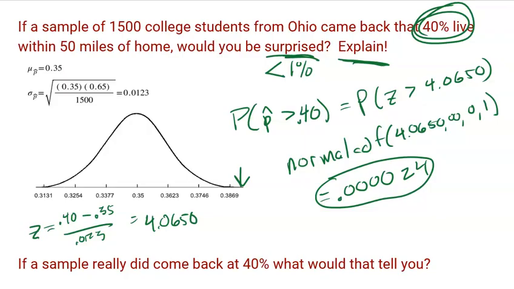Maybe 10 years ago, 35% of kids went to a college within 50 miles of their house. But now, in 2020, maybe that proportion has risen. So maybe we thought it was 35%, but now the truth is that it's actually higher. Because if I picked up this whole normal model and I moved it higher, then, sorry for the terrible drawing there, all of a sudden, 40% would not be weird.